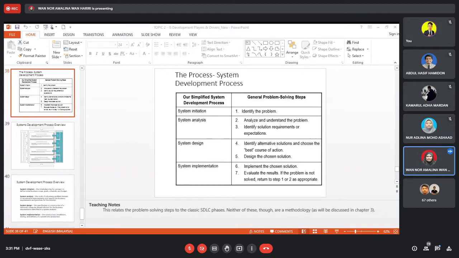Now you have to identify the organization that has the problem. What's the problem? Can somebody explain to me from the slides of your project description?